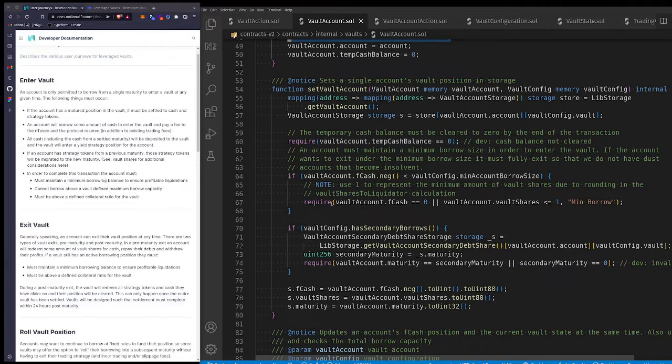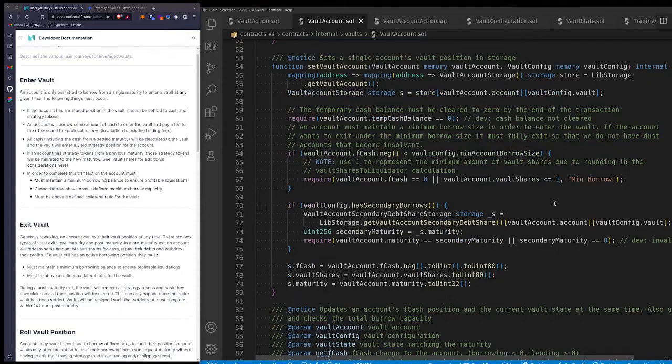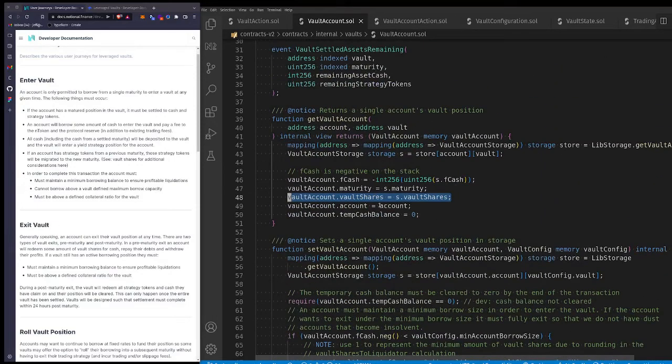This would signify not having a position at all. If they have a secondary borrow position, again, a vault can only be in a single maturity at any time, so we ensure that these maturities have to match.